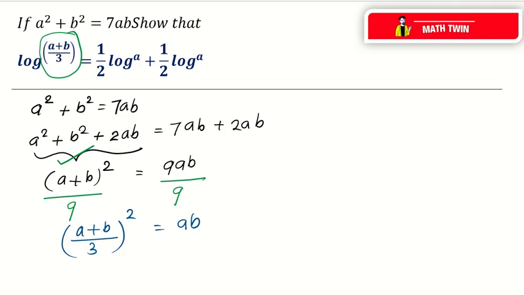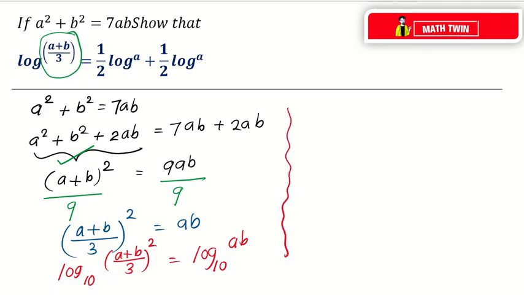So what happened here? I am going to take log on both sides. So log base 10 of (a plus b over 3) squared equals log base 10 of ab.